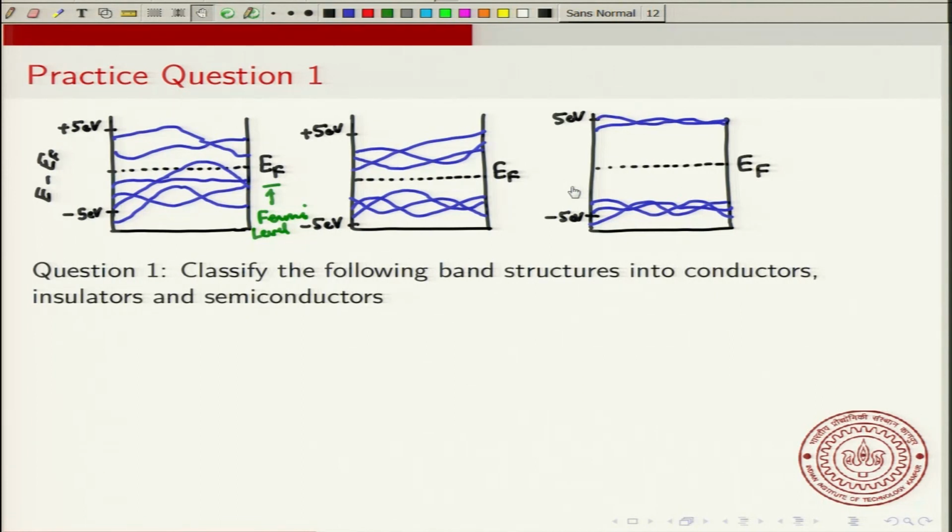So classify the structures into conductors, semiconductors and insulators. Here we see that the Fermi level is passing through one band, so clearly the first one should be a conductor. Now in these two, the band gap is just of the order of 1 electron volt, so this is clearly a semiconductor.